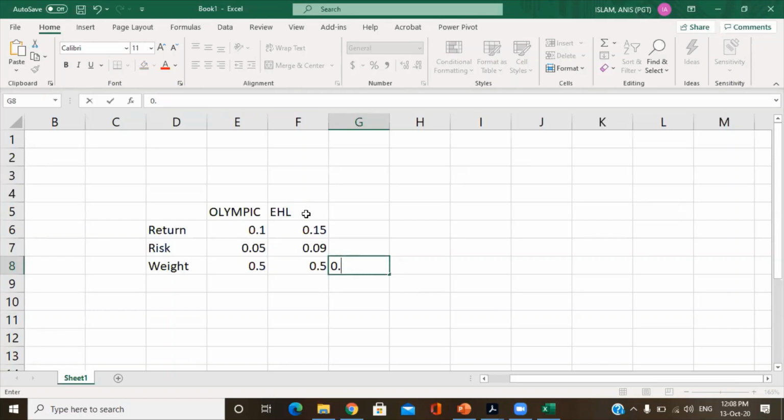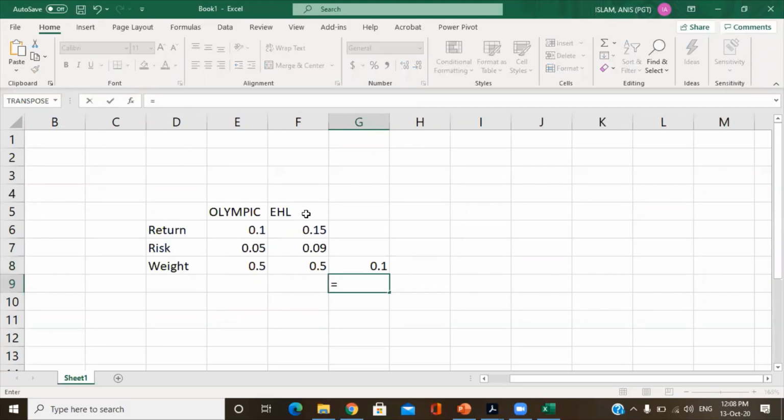So what do you expect the correlation between these two companies to be? Close to zero. I'm not so conservative, so I'm thinking of a very low number, close to zero, say 10%.